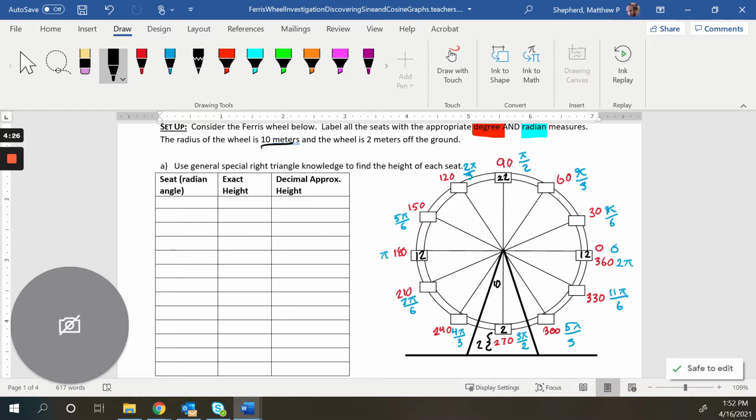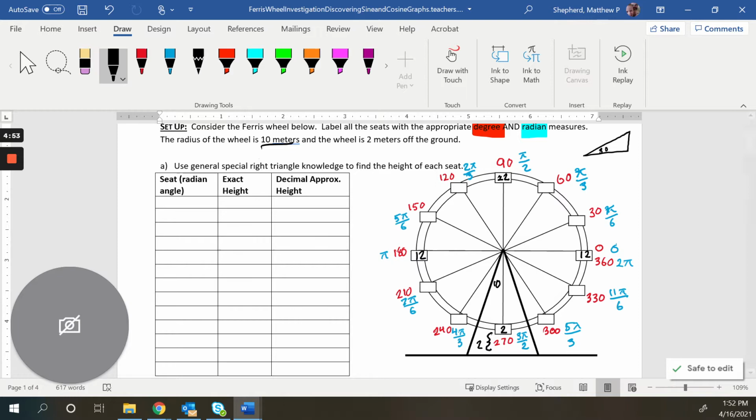Now for the rest, we would need to use special right triangles. So for example, this one down here is a 30 degree. Now, if you remember the lesson from special right triangles, you could use that method.